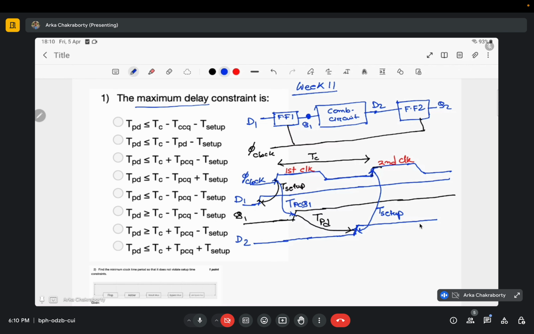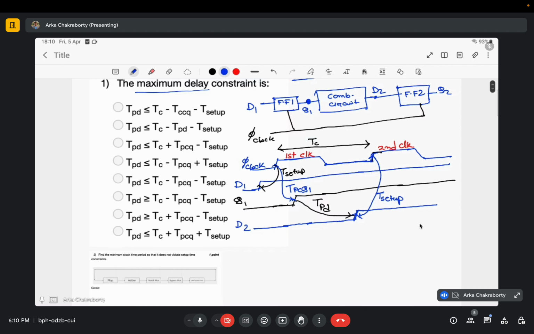So from here you can see, it is clearly understandable that this TC is divided into how many components? This TC is equal to, first, TPCQ1 to be more precise, then T propagation delay, plus the T setup for the next rising edge of the clock.